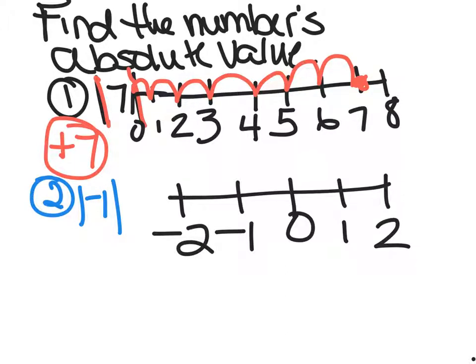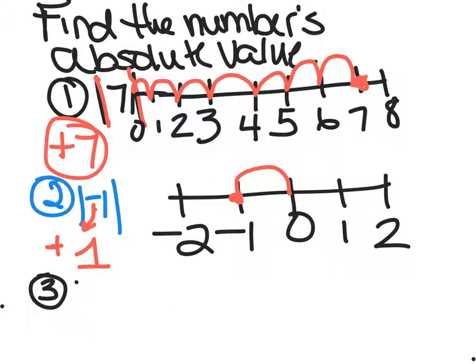Okay, so we're going to start at negative 1, and then we're going to find out how many steps it is away from 0. Okay, so it's going to be 1, but since it's negative, would it still be negative down there? The answer is no. It's going to be positive because absolute value is always positive. Okay, let's try a third example.